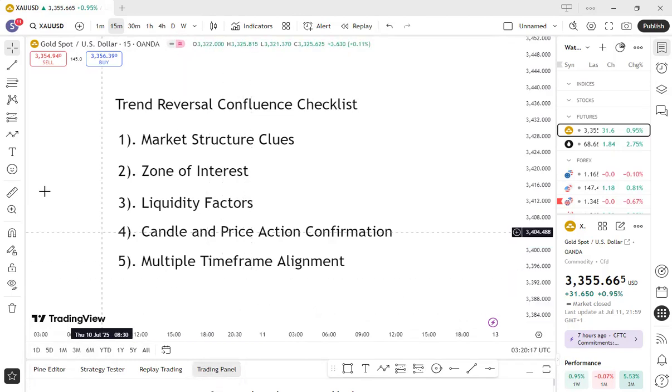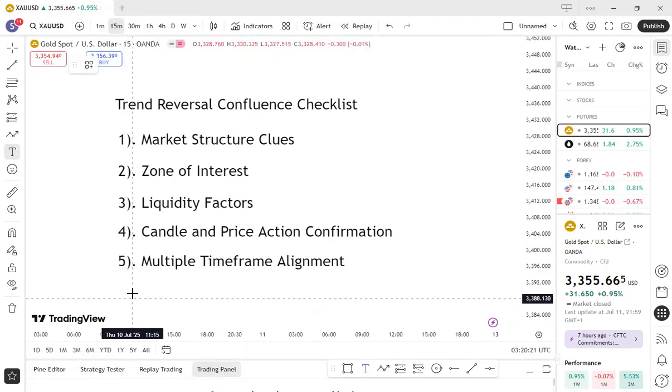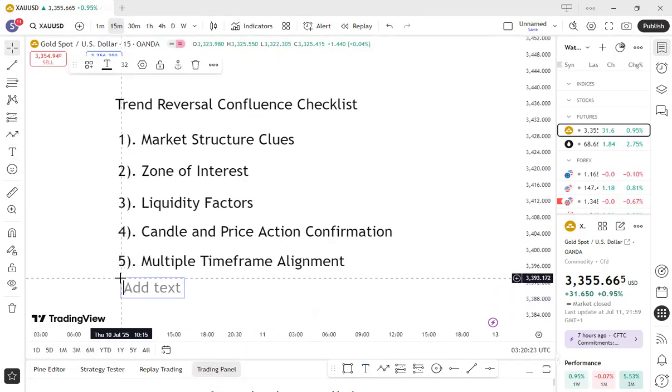All right. And the sixth you should be looking out for is your risk reward and entry logic.